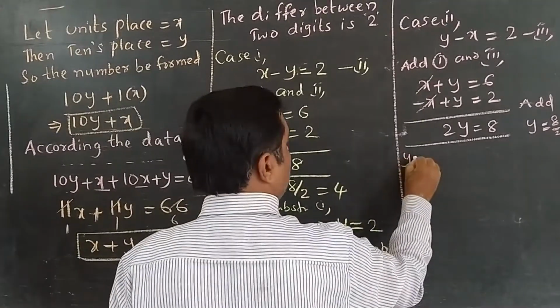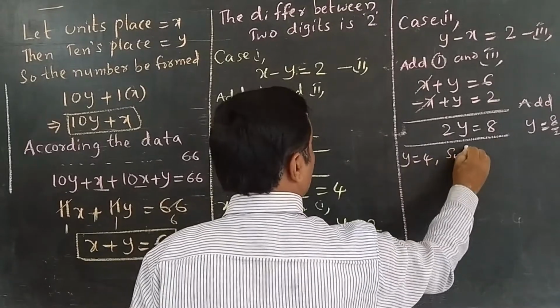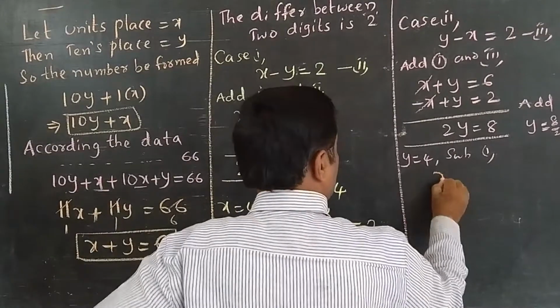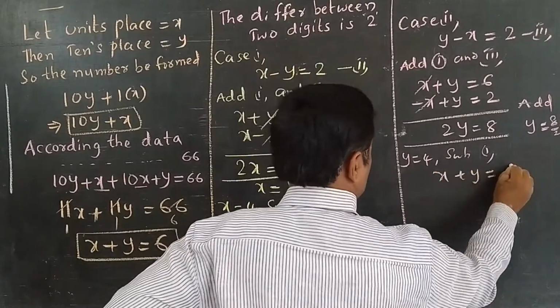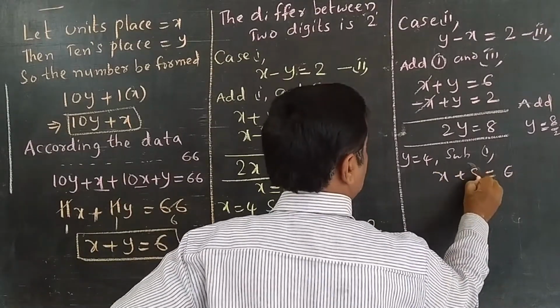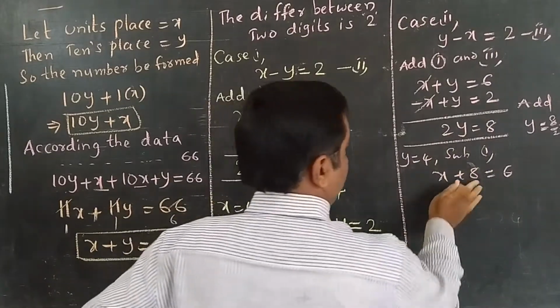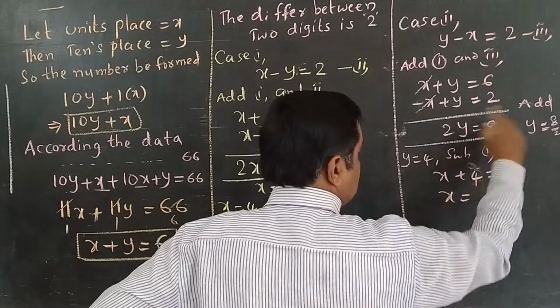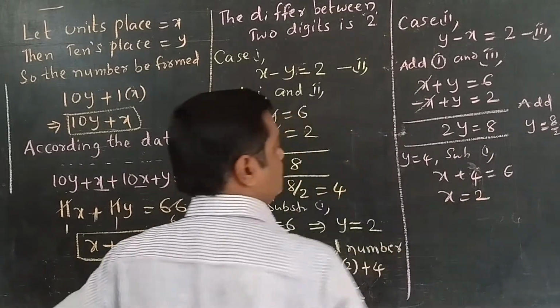Sir, y is equal to 4, we have to substitute in the first equation. x plus y is equal to 6. At the place of y we substitute 4. Then x is equal to 6 minus 4, that is 2.